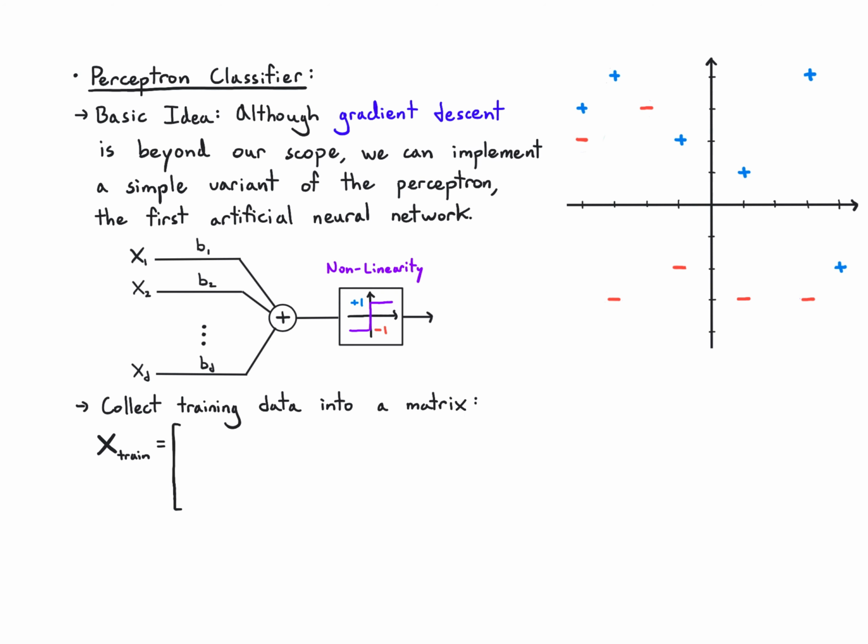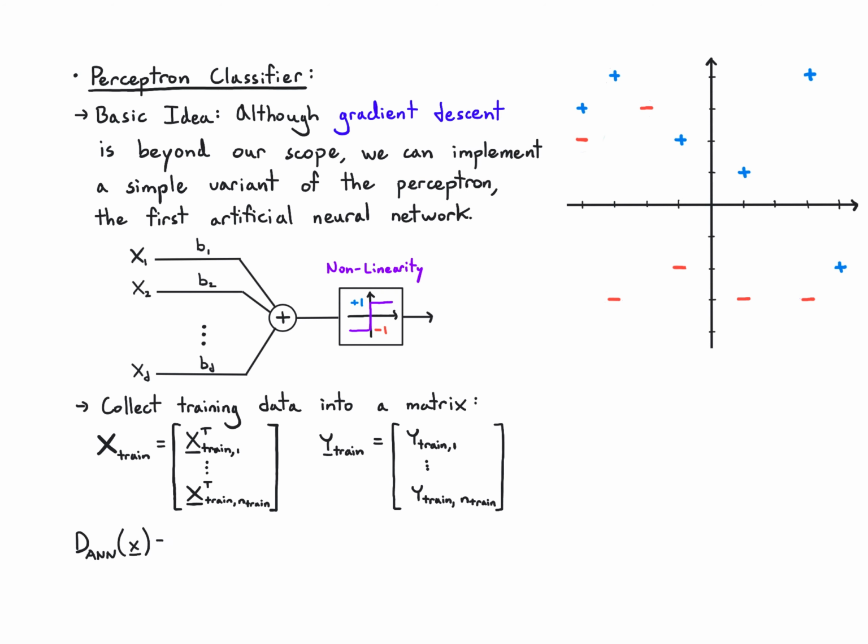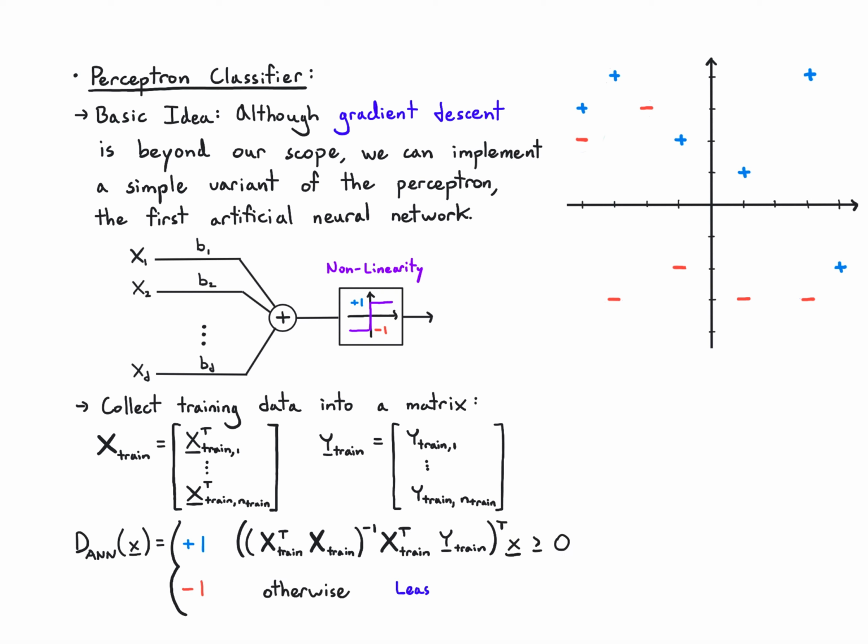I write my training matrix as these transposed feature vectors, and I write my labels as just a vector of labels. Once I've collected all of those together, I can apply my artificial neural network decision rule to be +1 if this particular linear classifier that I've written here is larger than 0, and -1 otherwise.